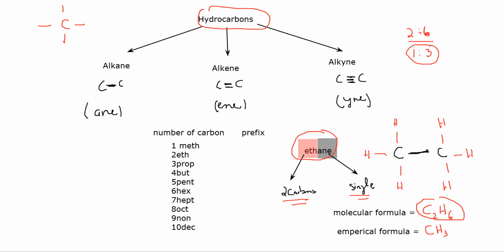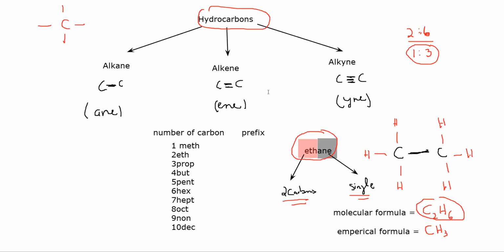If a percentage was given, like carbon was 60% and hydrogen is 40%, copy this. Then we divide by atomic mass, then we divide by the smallest value, and then take the simplest ratio.